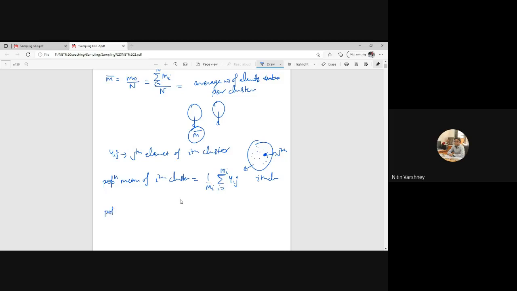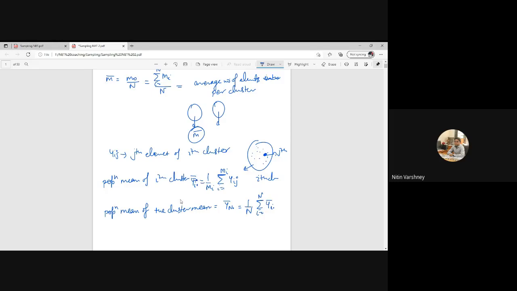And the second thing is the population mean of the cluster means. That is y bar N dot is equal to 1/N summation i equal to 1 to N yi bar dot. What is this? This is y bar i dot.